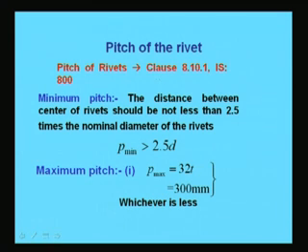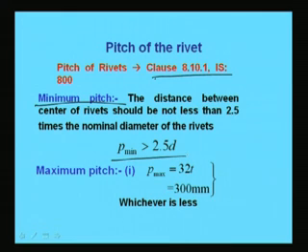Now, as per clause 8.10.1 in IS 800 1984, the pitch of rivets has been described, like minimum pitch. First it has been described what should be the minimum pitch. The code has told that the minimum pitch should be 2.5 times the nominal diameter of the rivet.